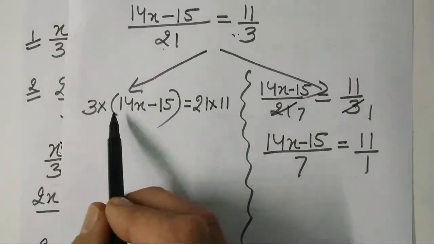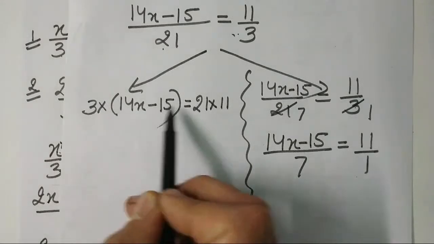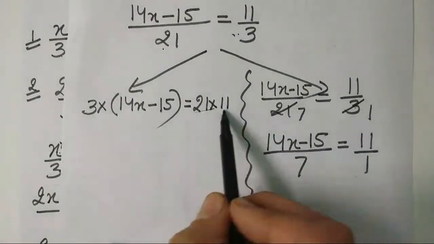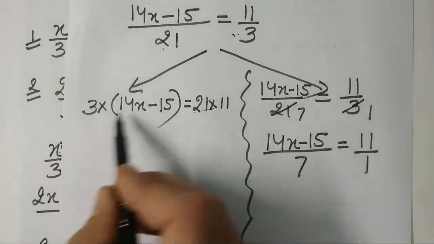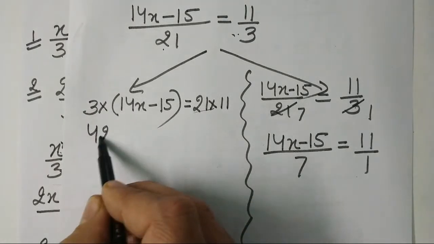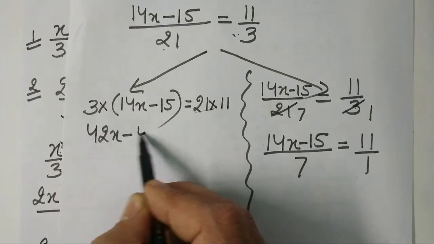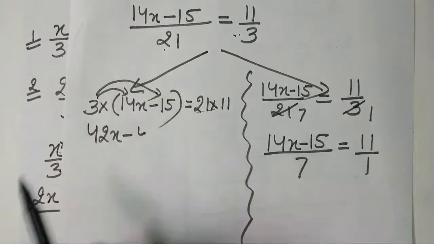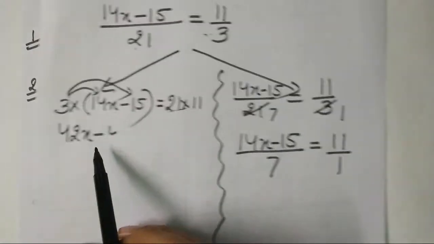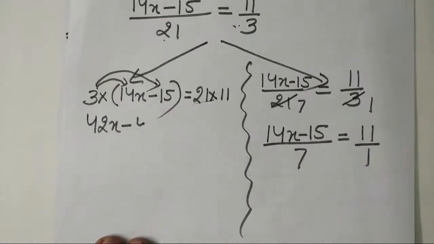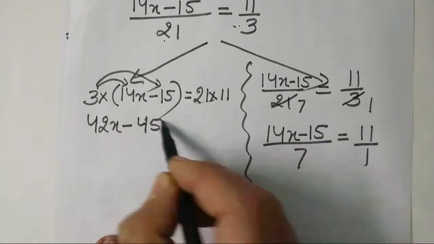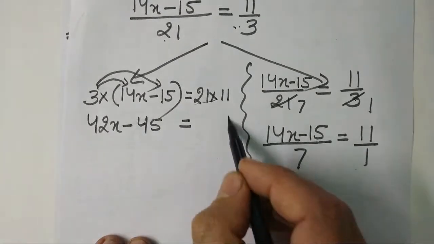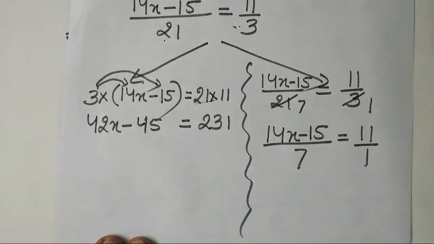3 into 14 and 3 into 15 and 21 into 11. Here there is a big number. So when you multiply, this will multiply 14, this will multiply 15. So 3 into 14 is 42, and 42x minus 15 into 3, 45, is equal to 231.